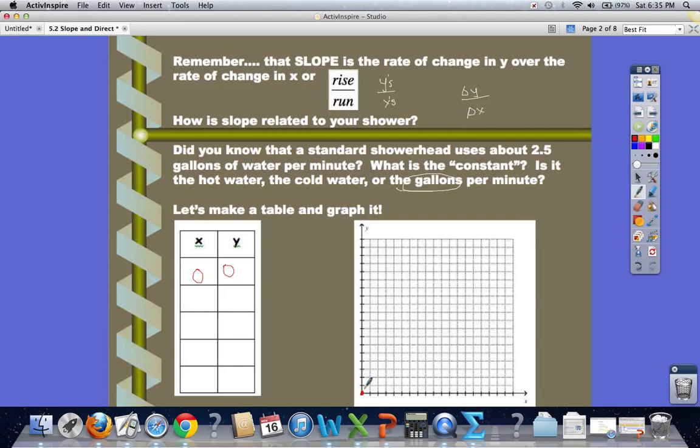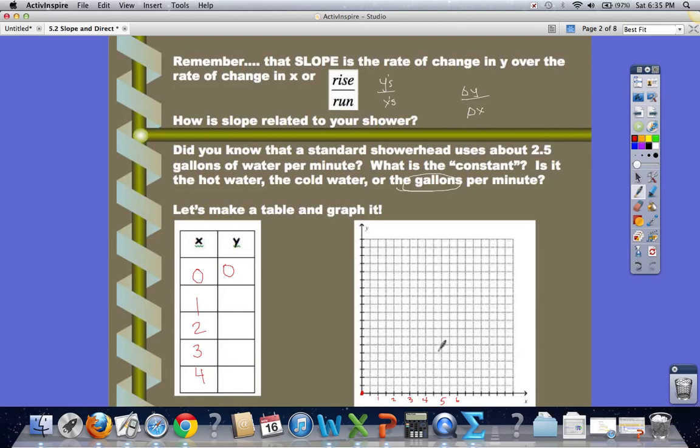And we're going to be doing this per minute. So I'm going to space this out. 1 minute, 2 minutes, 3 minutes, 4, 5, and 6.